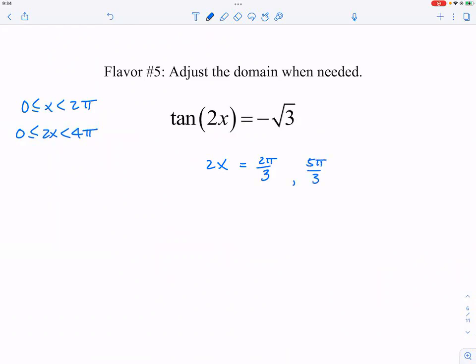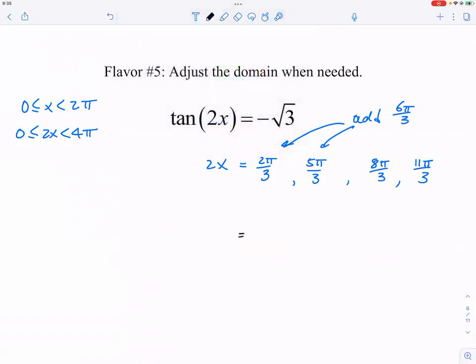Now that's only up to 2 pi, but we now have to go all the way to 4 pi. So we just have to make one full revolution, meaning that we have to add 2 pi, or since we have a denominator of 3, we're going to add 6 pi over 3 onto these guys right here. So that's how we have 8 pi over 3 and then 11 pi over 3 for our angles up to the 4 pi restriction.